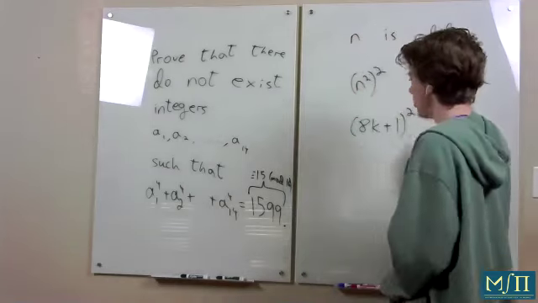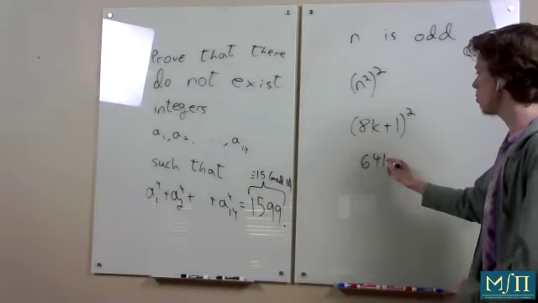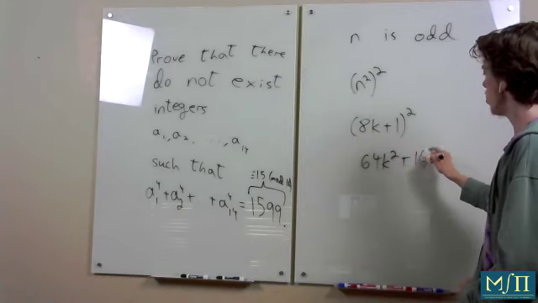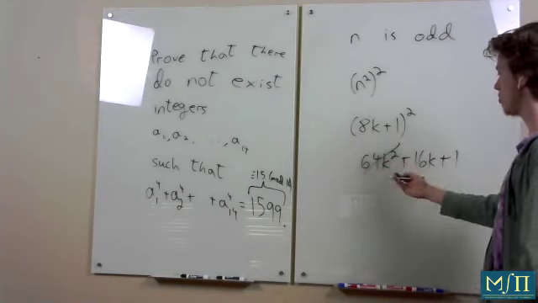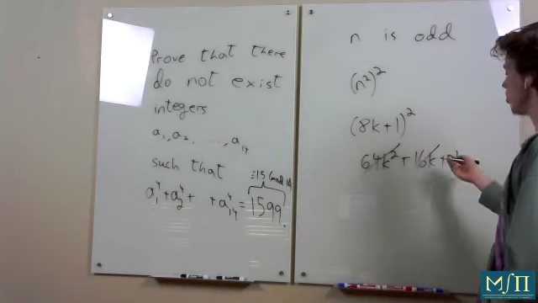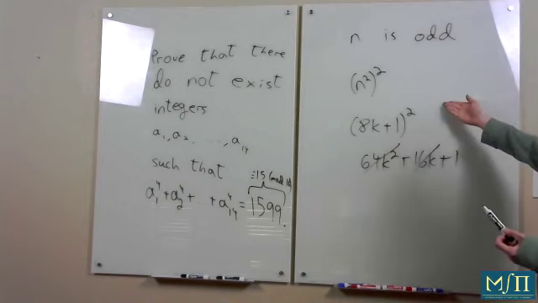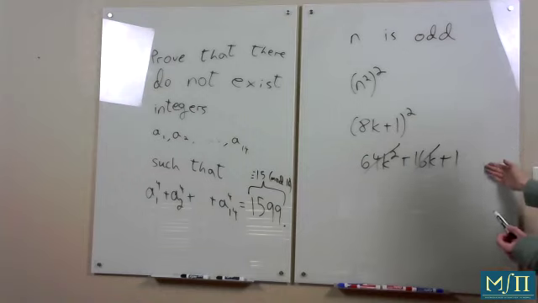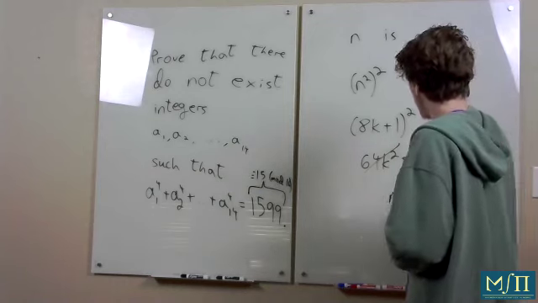And then modulo 16, this gives us 64k squared plus 16k plus 1. Modulo 16, this cancels because it's 16 times 4k squared, so you're just left with 1. So any odd number to the 4th power is some 1 mod 8 number squared, and so it's 1 modulo 16.